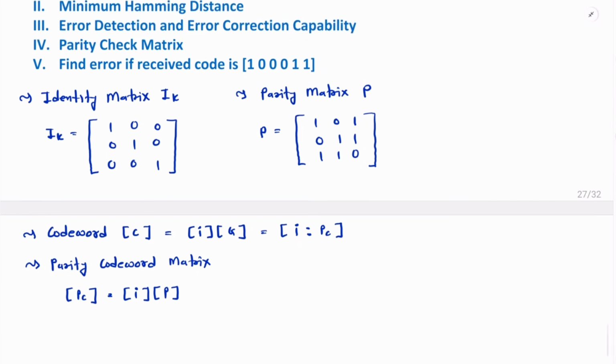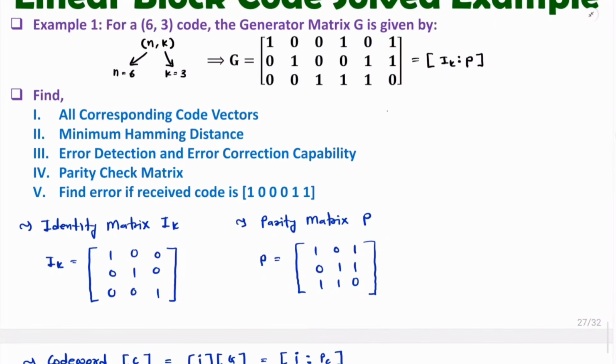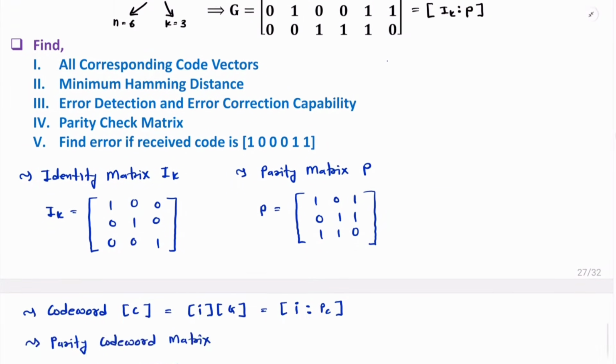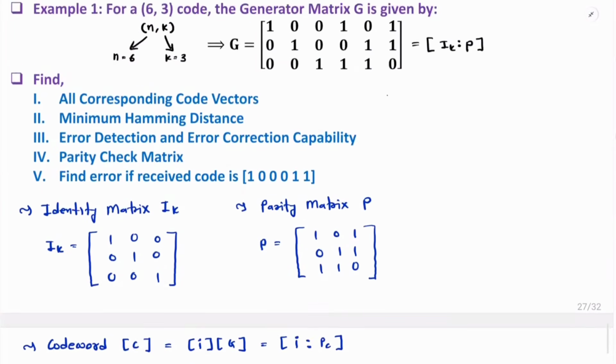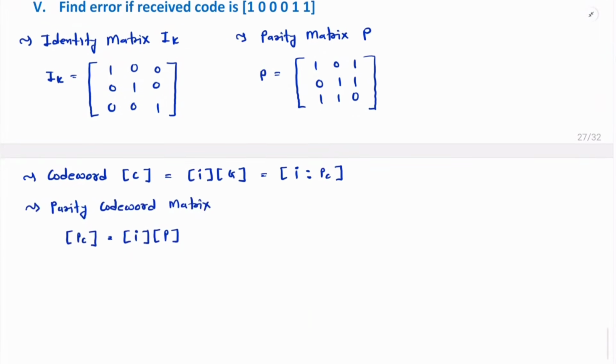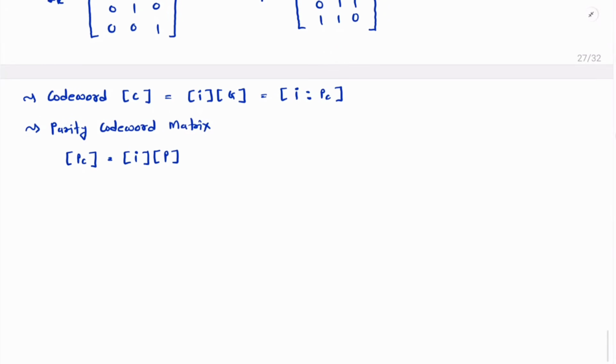You can observe here we have 3-bit information. So if you have 3-bit information, then by directly multiplying the 3-bit information with this G, you can generate the code word. But here we need to generate all the corresponding code vectors. So here I'll explain the simplest way of calculation.